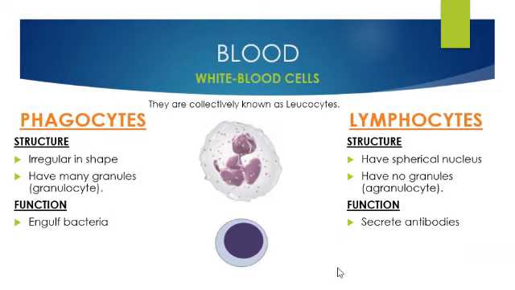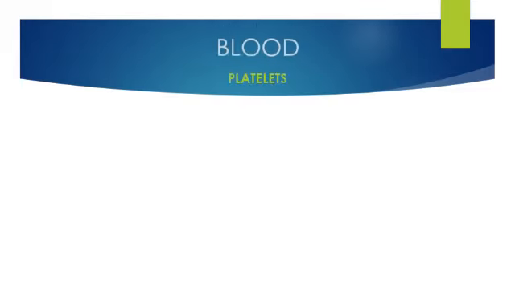Then we also have the structure of a lymphocyte. You can see its nucleus is spherical, and we can see that its cell membrane is at least regular. So this is not the exact way a lymphocyte looks like. It's just a diagrammatic representation of how a lymphocyte looks like.